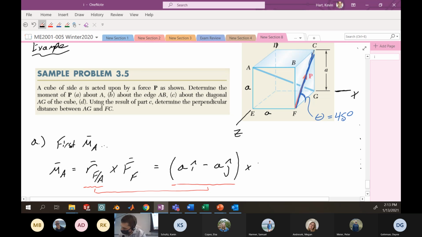So this is going to be crossed with the magnitude of P multiplied by the unit vector on which it acts, which here is acting up in the y direction. So here we're going to have sine 45 j hat. That would be this contribution of the force.